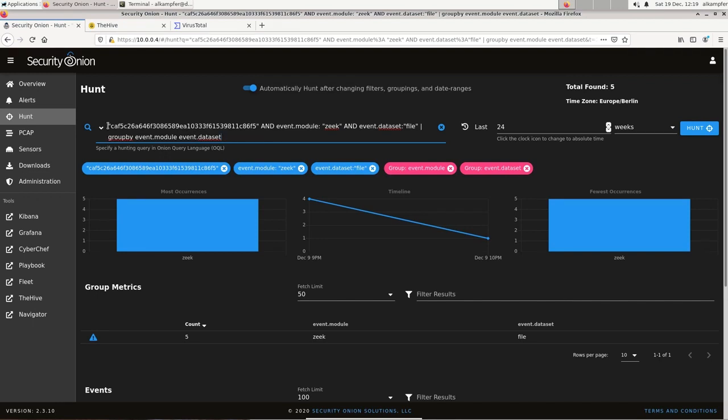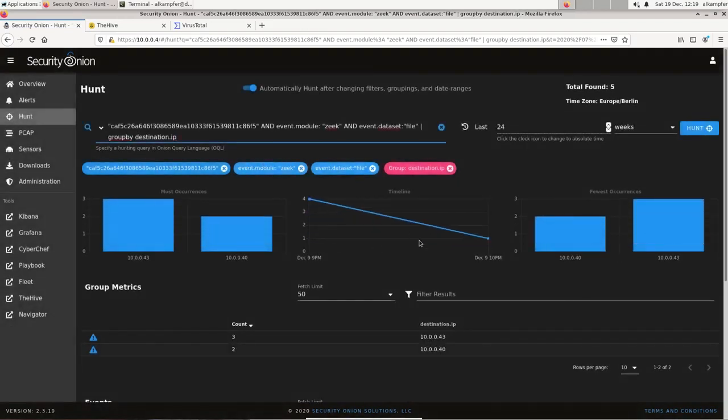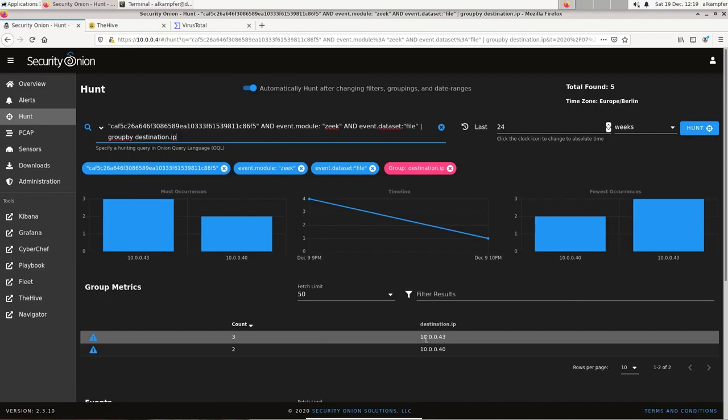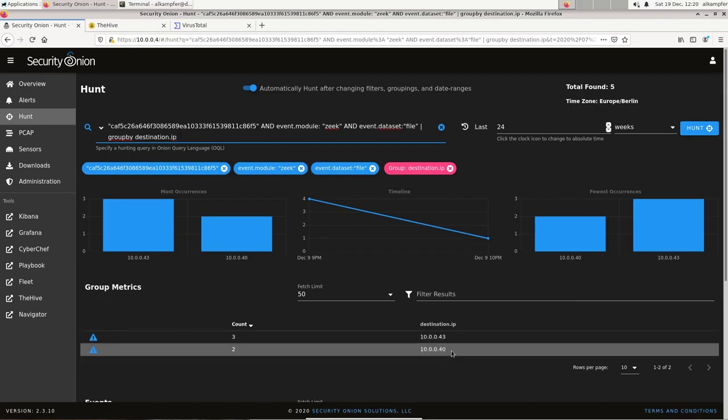So in this situation, as you can see, I'm looking for this hash and for event module Zeek in event dataset file, and I group by event module and event dataset, but I can group by maybe destination IP, because that's probably much more important information, because I can now see that 10.0.0.43 downloaded the file 3 times and 10.0.0.40 downloaded the file a couple of times.